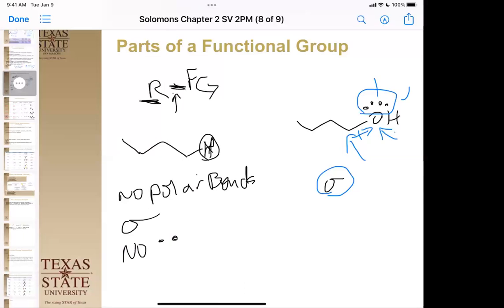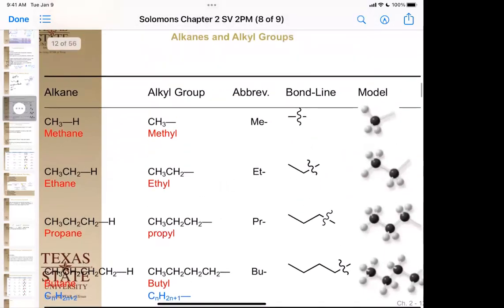All right. So what we're going to do is look at different types of functional groups. But before we do that, I want to introduce the topic of substituents, alkyl substituents. Okay, so alkanes are the things with carbon and hydrogen. And we denote how many carbons they have by meth, eth, prop, but, pent, etc. That's how many carbons we have.